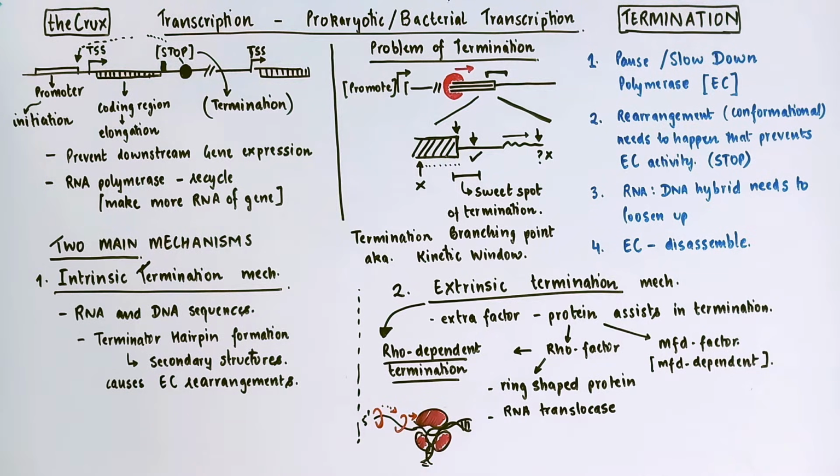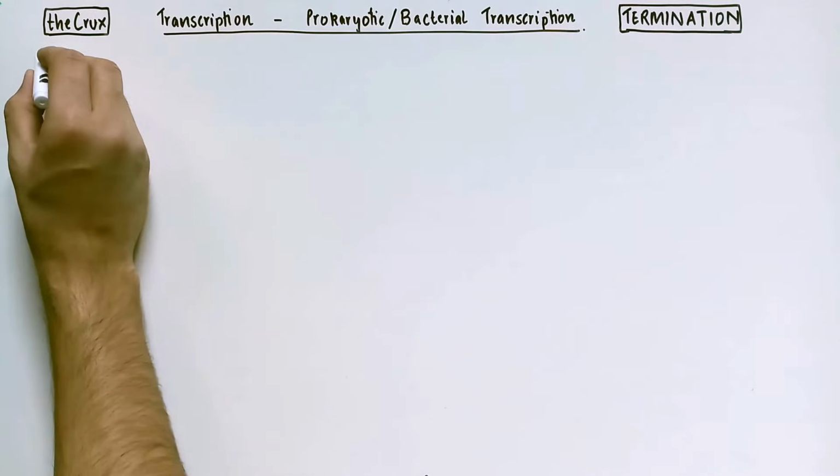Just one quick note on the terminology. If the extrinsic mechanism is equivalent to saying Rho-dependent termination mechanism, the intrinsic termination mechanism therefore can be considered an equivalent of Rho-independent mechanism.